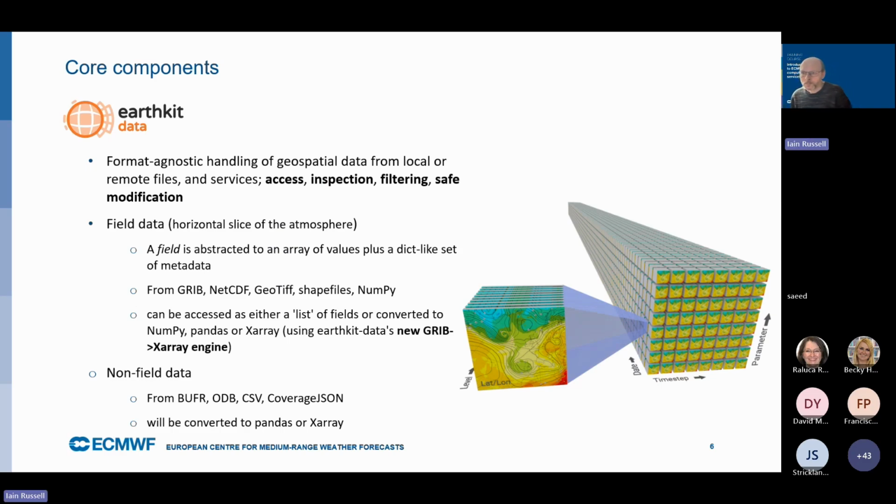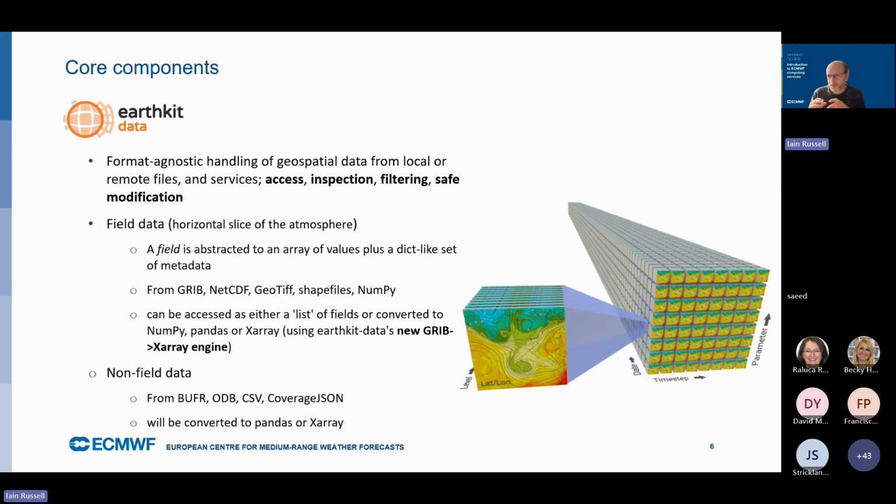EarthKit data is for the format-agnostic handling of geospatial data. It could be from local files on your disk or some local service, or it can be remote. I'll talk about that in a moment. It gives you the facilities to access the data, inspect it, filter it, and thread-safe modification of the data.